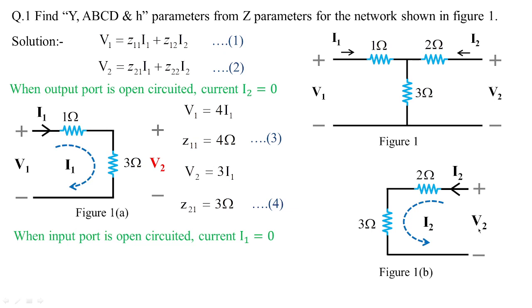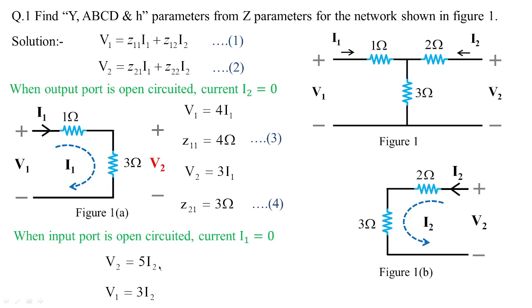So you are going to get the value of V2 in terms of I2, and also V1, which is the measurement across 3 ohms, and according to Ohm's law that is equal to 3 I2. V2 is equal to 5 I2. Why 5 I2? This is 2 in series with 3.